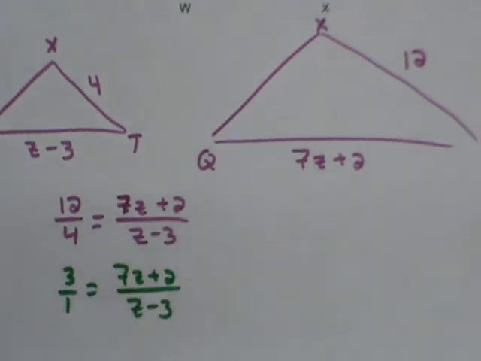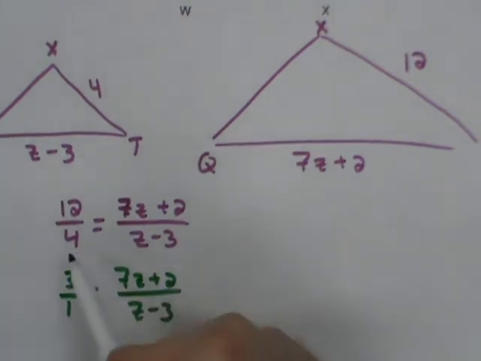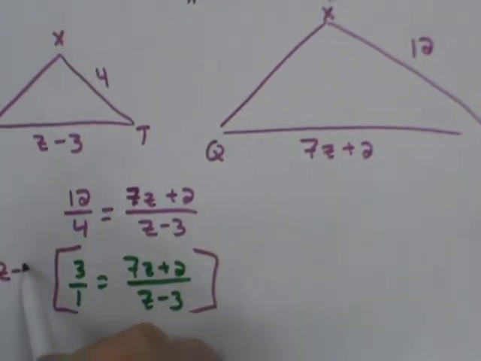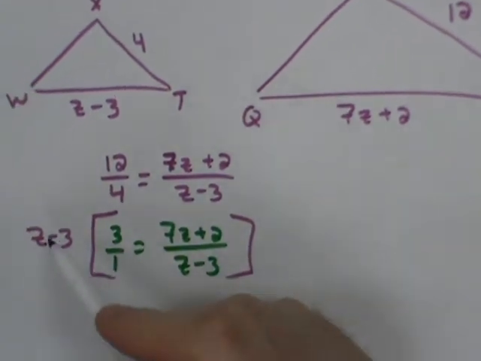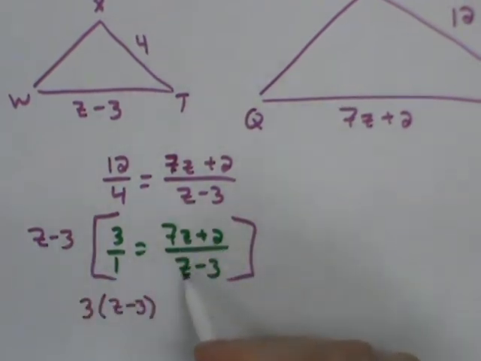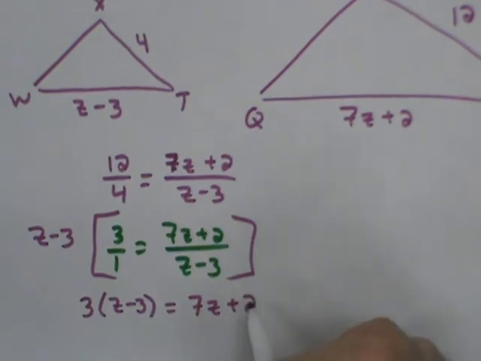And as I solve this, multiply by a common denominator, the only thing I'm really worried about multiplying by is Z minus 3. As I multiply that to the first fraction, I get 3 times Z minus 3. To the second fraction, that drops out, and this would just be equal to 7Z plus 2. That should be a nice one to solve.